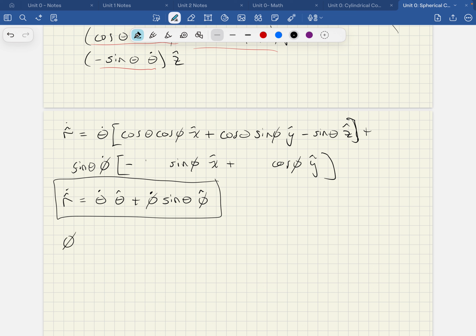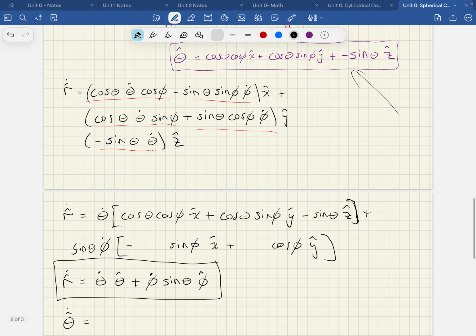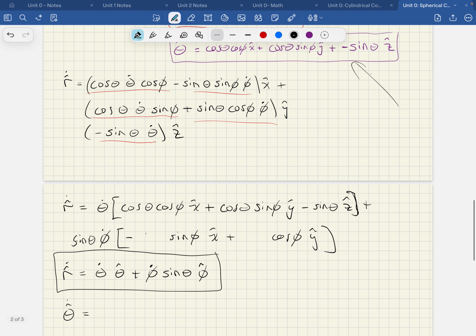Let's do theta. Theta hat dot is equal to, let's look at our theta hat up there. So again, got to do my product rules.